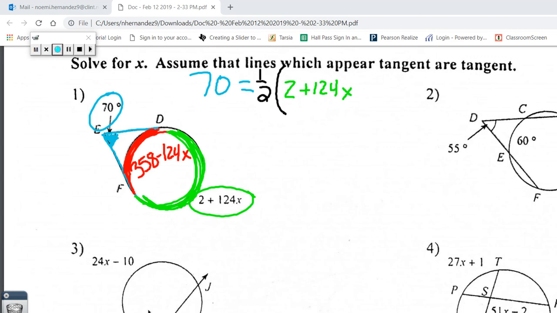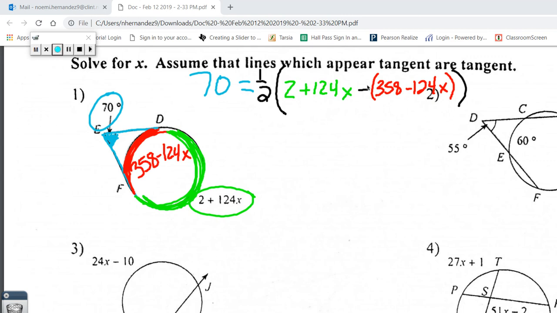Our formula says I'm going to subtract that by the smallest intercepted arc. Now again, I have more than one term. Please put that in parentheses. So 358 minus 124x. Close parentheses. Close parentheses again.